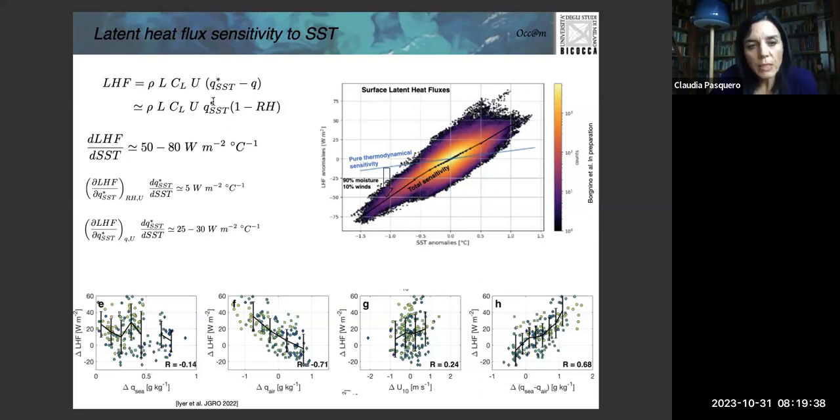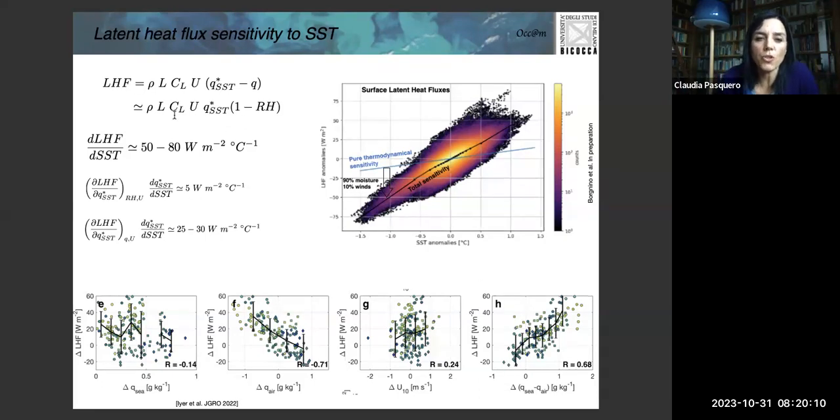We can see that the direct response to the specific humidity at saturation, for the temperature corresponding to the sea surface temperature, is simply given by the Clausius-Clapeyron relationship. That turns out to be relatively small, 5 watts per meter square per degree Celsius. That's the sensitivity we would have, assuming that relative humidity doesn't change and wind doesn't change.